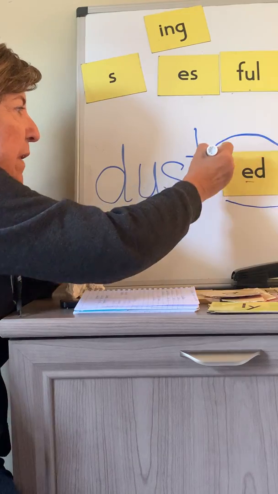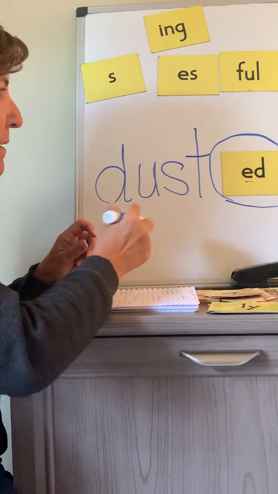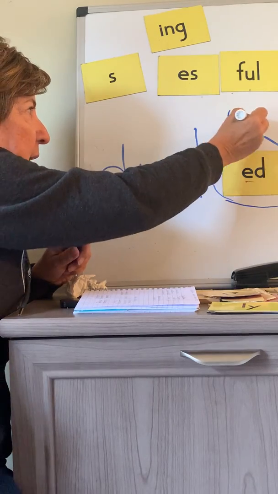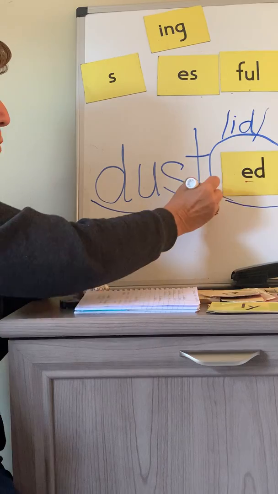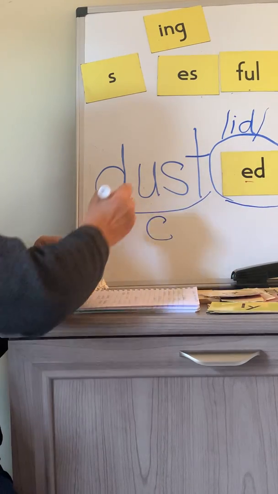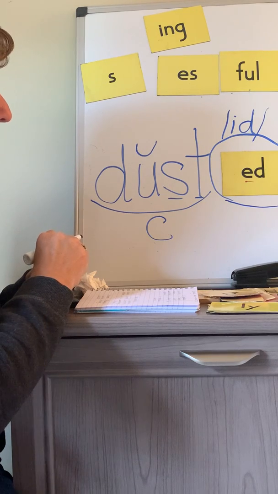Put the suffix in the black hole. What does the ed sound like this time? Dusted. Sounds like id. Scoop the base word. It's closed. The u is short and the st shuts the door.